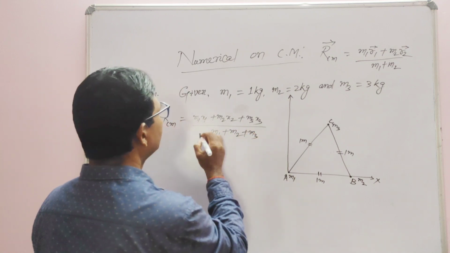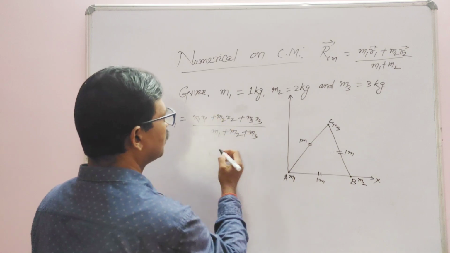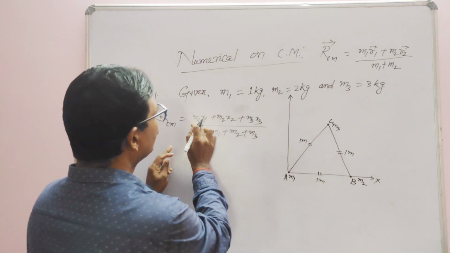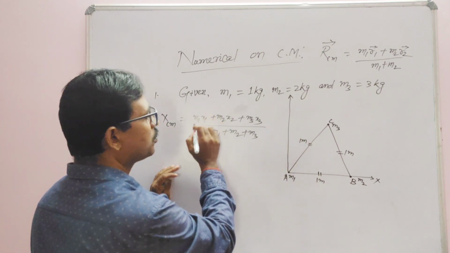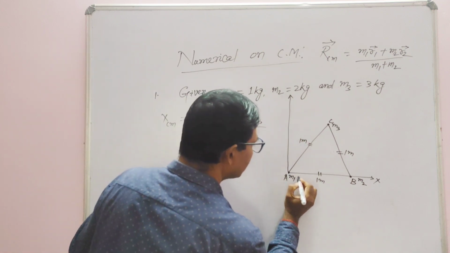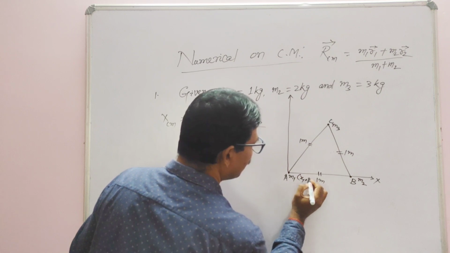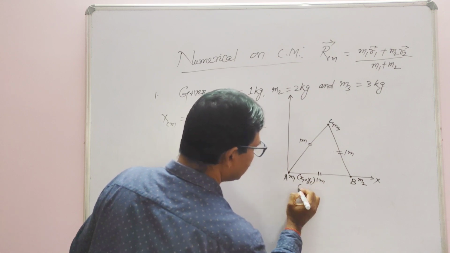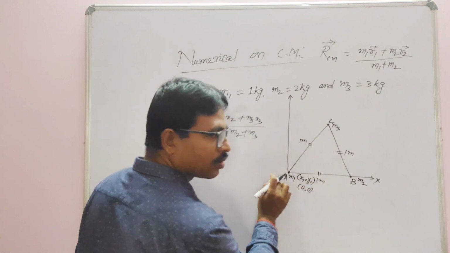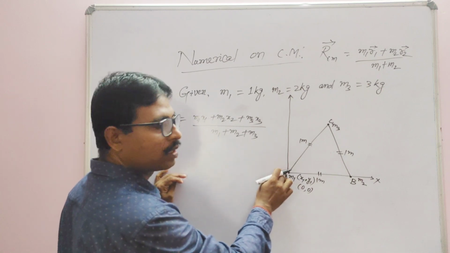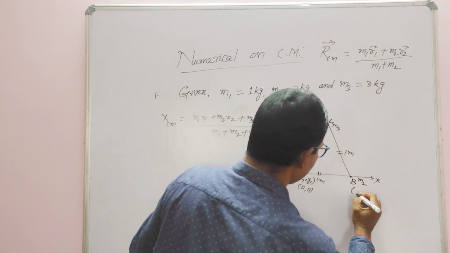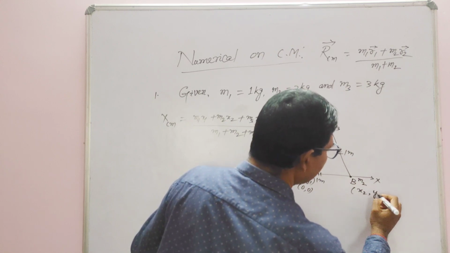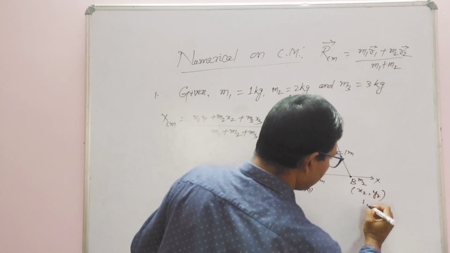Here m1, m2, m3 are given, clear, but we only need to find the positions. Suppose the coordinate is x1 y1, so the coordinate is 0 0, situated at the origin. This one lies on the x axis, so this is x2 y2, and this is 1 0.